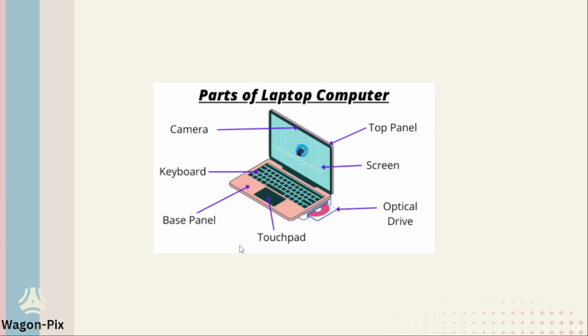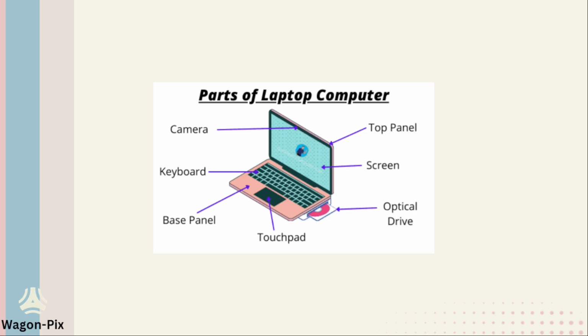Similarly, in our coding world, when we want to define an object, we need to define the properties of that object. The parts of this laptop are properties. So in our program, when I define an object, I need to define properties for it, that is, what exactly the object is made of.